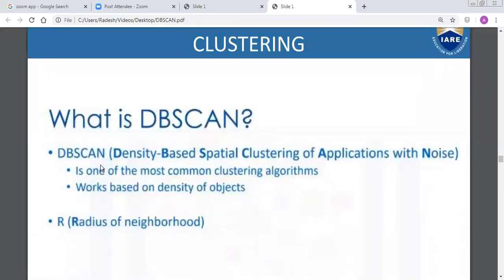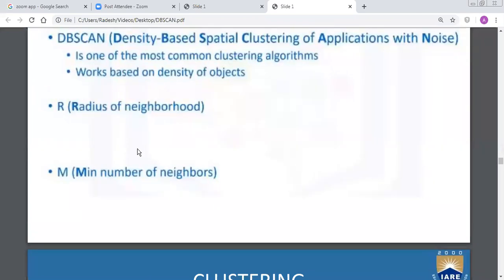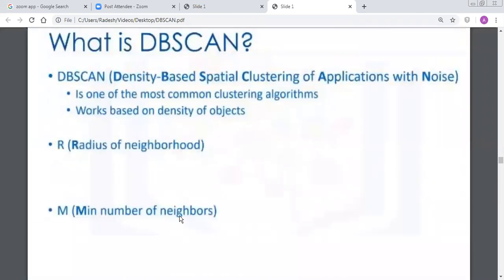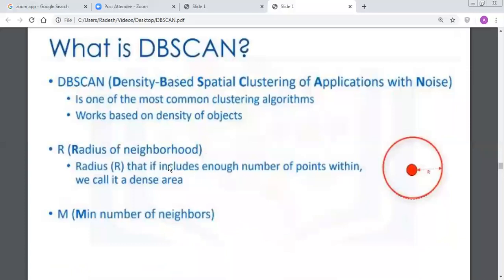DBSCAN is density based spatial clustering of applications with noise, where R represents the radius of neighborhood and M represents the minimum number of neighbors. We are going to see this one. Here the radius of the neighborhood R includes enough number of points within.